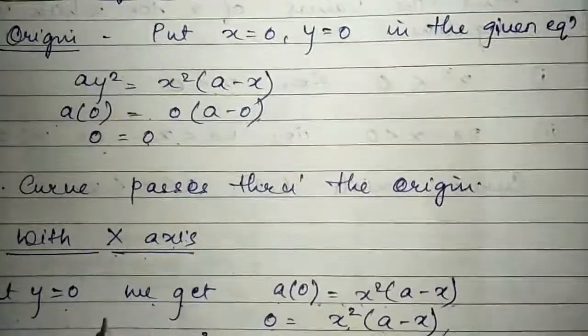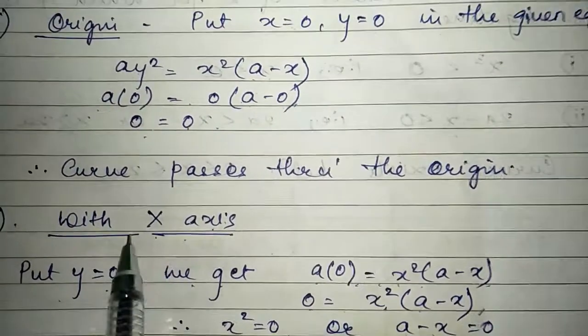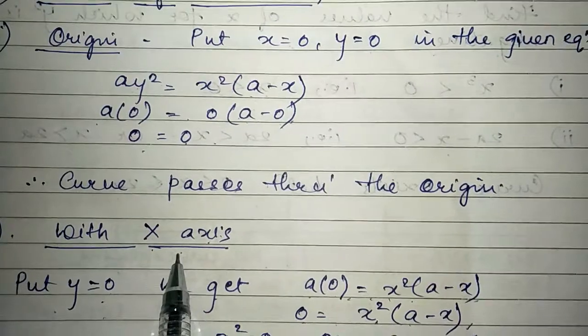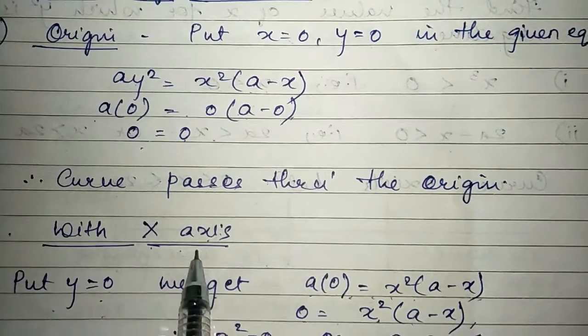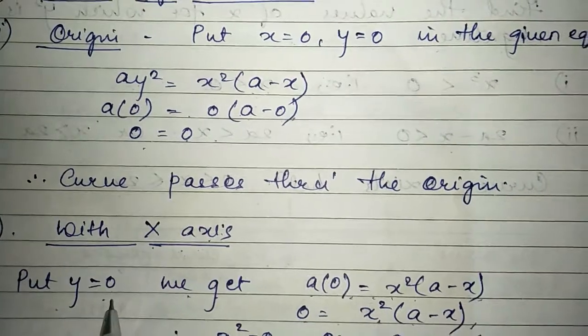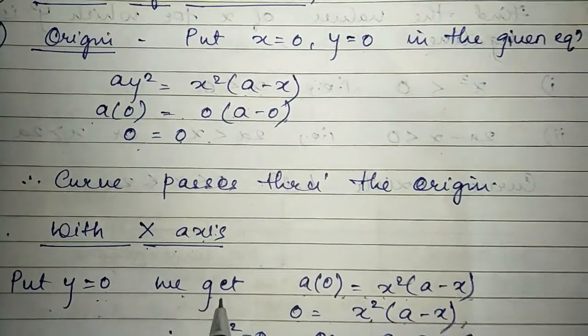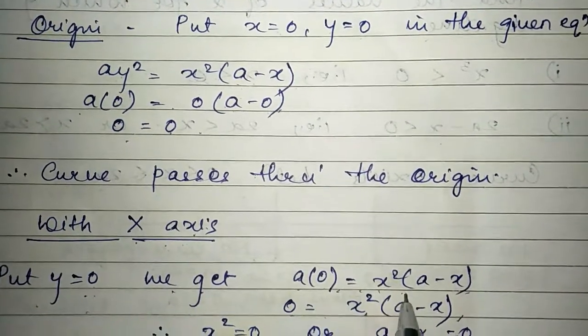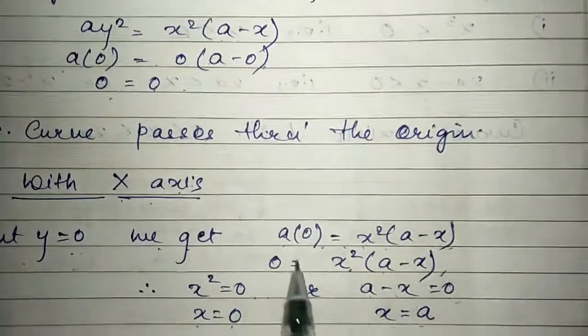Then come the coordinate axes. First the x-axis. To find whether the curve intersects the x-axis, we'll put y = 0 in the given equation. What we get is a·0 = x²(a − x).